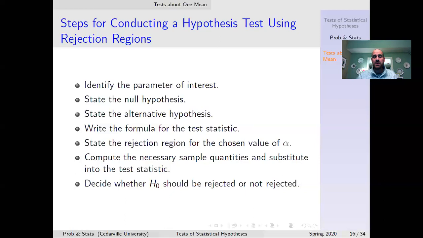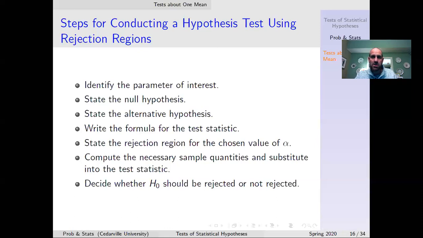Now, when you read academic papers, even in nursing or the medical profession in general, they set up the null and alternative hypotheses the way that we've done it, where the null is always an equals and the alternative is always an inequality or a not equals. And then, instead of stating a rejection region, they usually state something called the p-value.